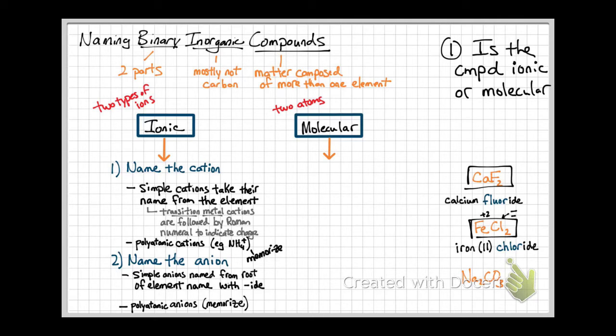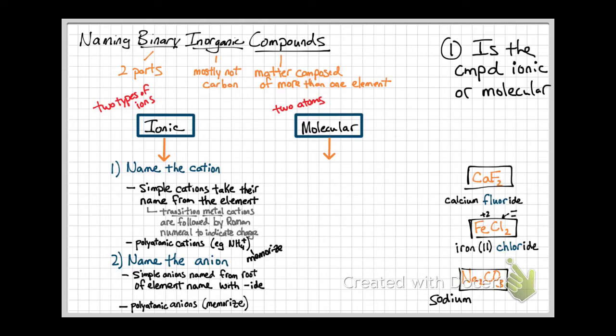Okay, now let's name one more as an example, one composed of sodium and carbonate. Since sodium is a simple cation composed of just one type of element, it is named just from the name of the element, so we write sodium. Then CO3 has a 2- charge.